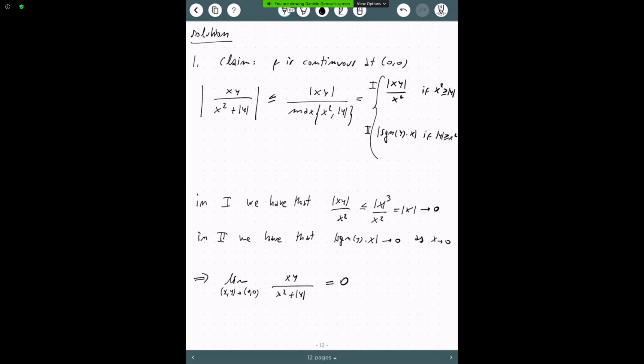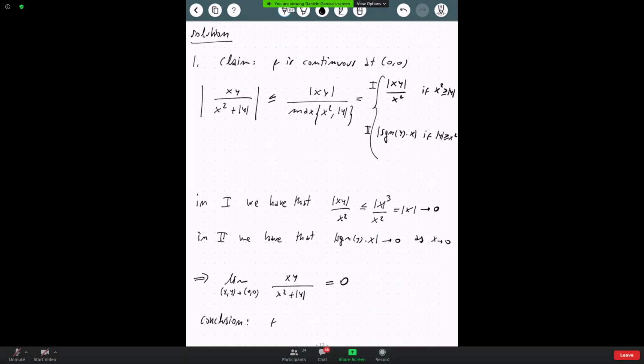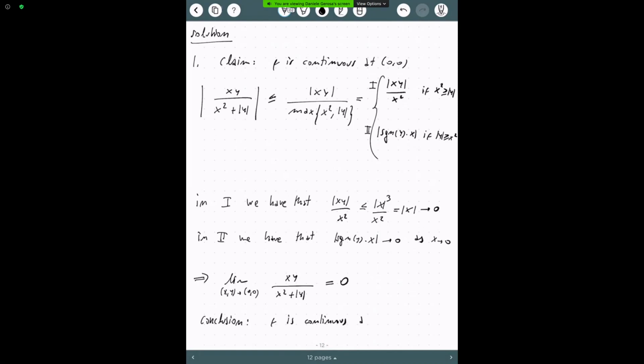Questions on this so far? So the conclusion is that f is continuous at 0, 0. The sine appears because, well, actually we don't even have that sine, right? Because we have the modulus of y, and above we have the modulus of y.